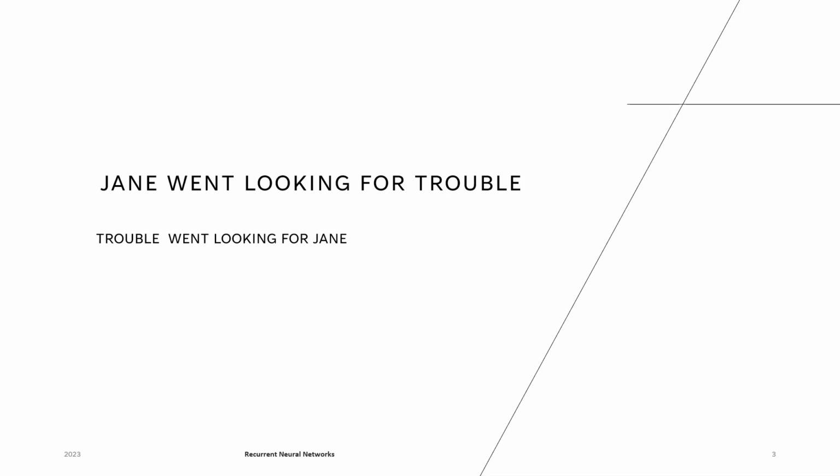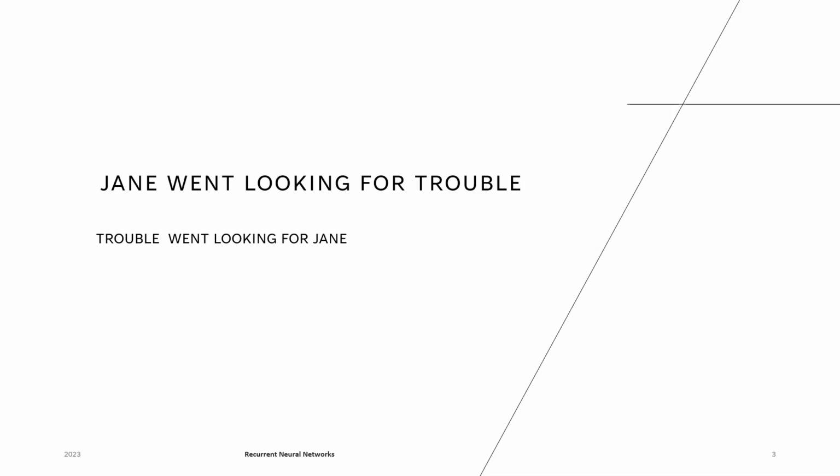"Jane went looking for trouble" and "trouble went looking for Jane" are two completely different sentences. They are not the same. So the model that deals with sentences has to capture the word order. Since an RNN does this by looking at each word sequentially, we have two major issues.